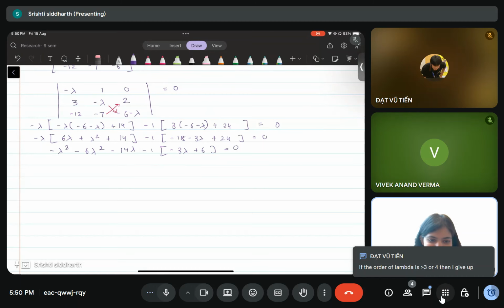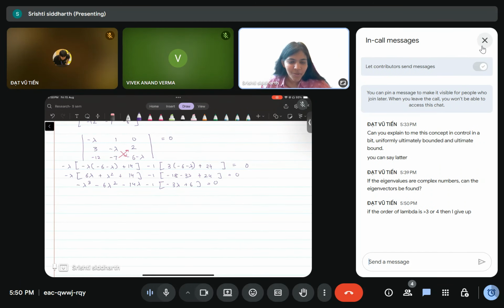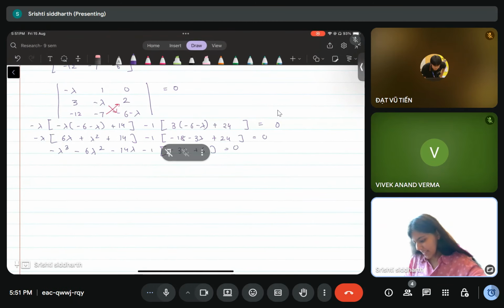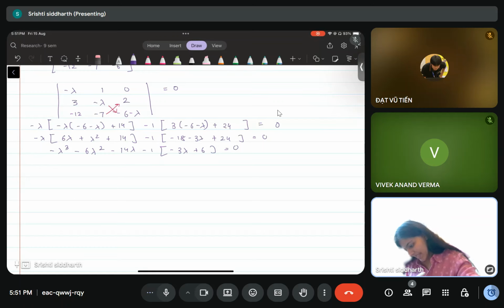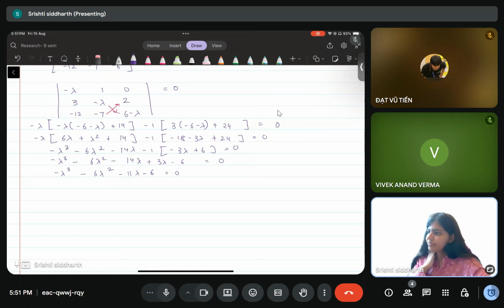Let's see. Well, then let's calculate just one so that we don't have to do it again and again. Minus lambda cubed.